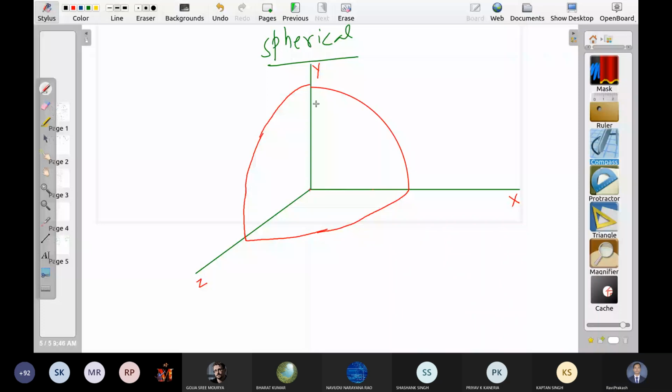Let us have some point on this sphere. Let us say this is a point P. This is on the sphere, and I draw a line from the origin towards this point, and let me just extend it outward.